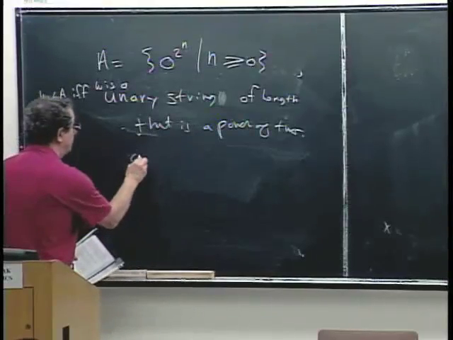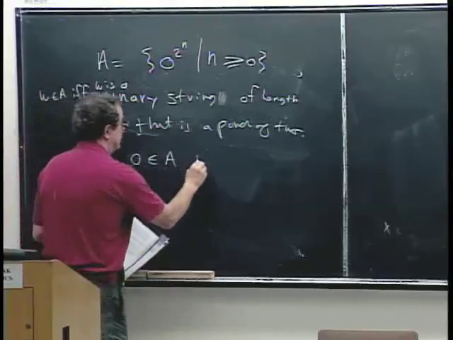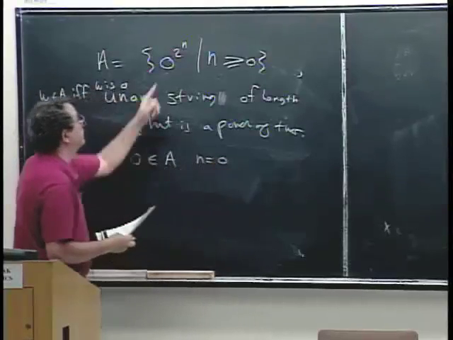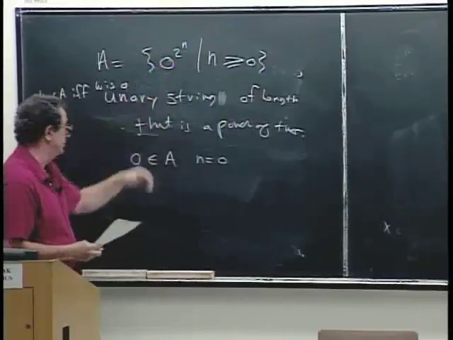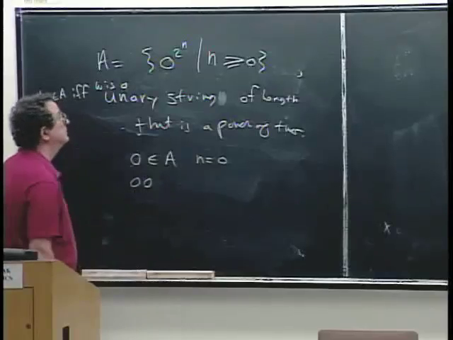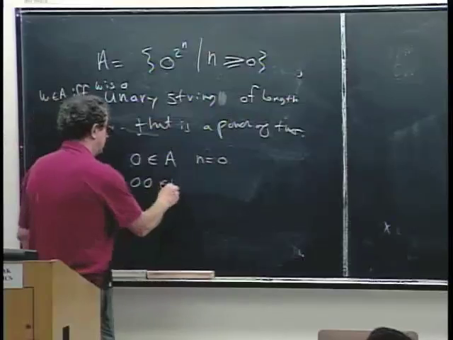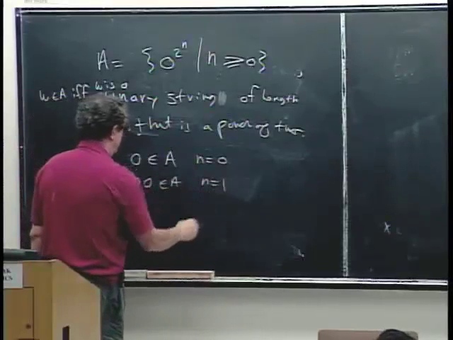A single 0, we just said it was in there because you could take n equals 0. So 2 to the 0 is 1, and that's just 0. What about 0 0? Yeah, that's in there because n equals 1.